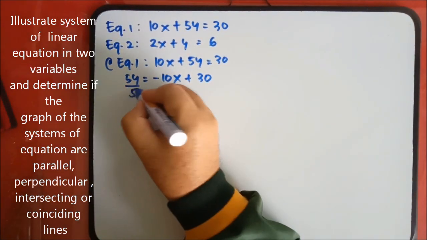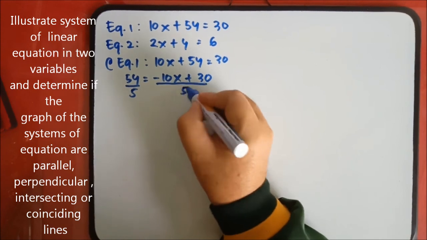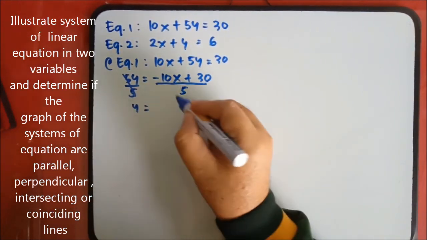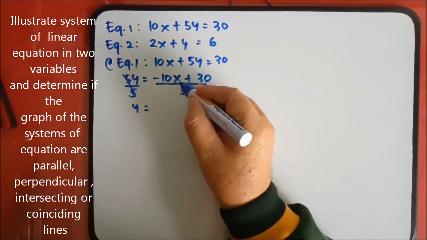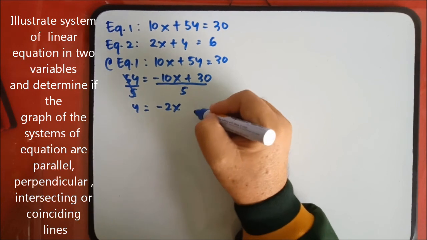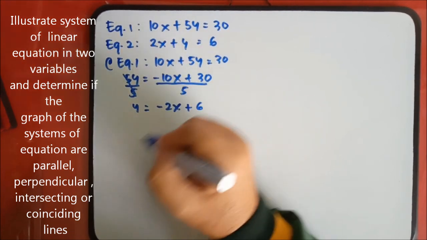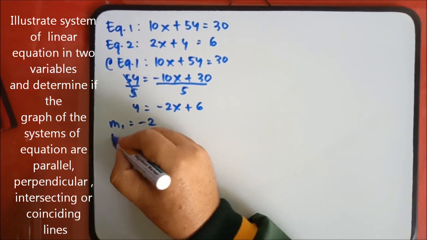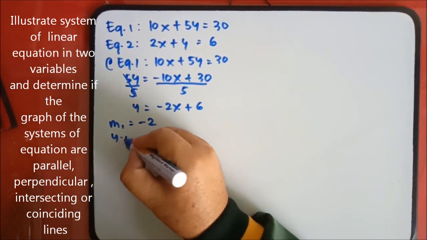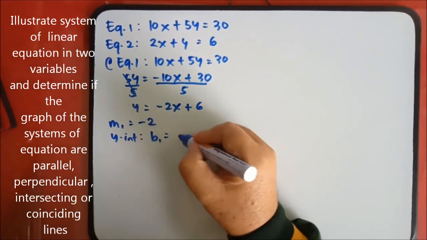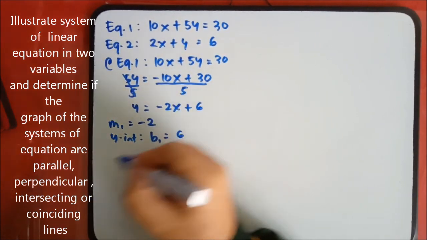Divide both sides by 5. Okay, 5 divided by 5 will become 1. So, y na lang ang matira. Okay, himay-himayin mo. Negative 10x divided by 5 will become negative 2x. 30 divided by 5 will become 6. So, your slope number 1 is negative 2. And your y-intercept 1 is 6. Okay.